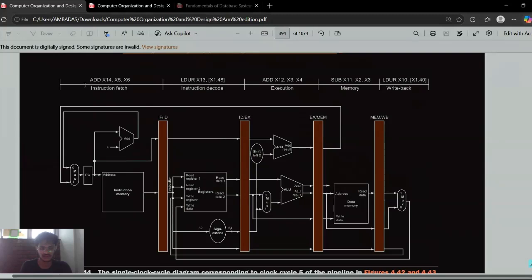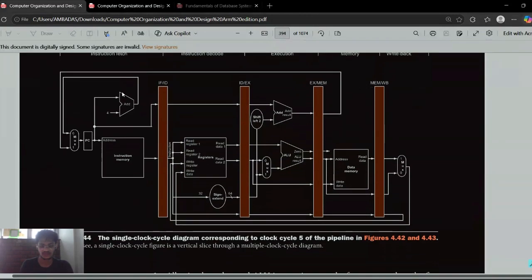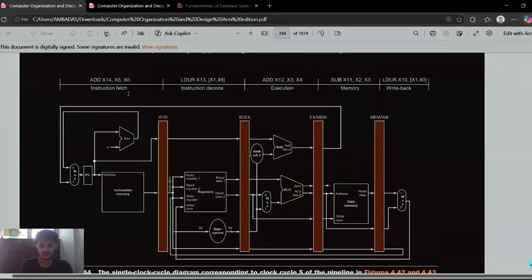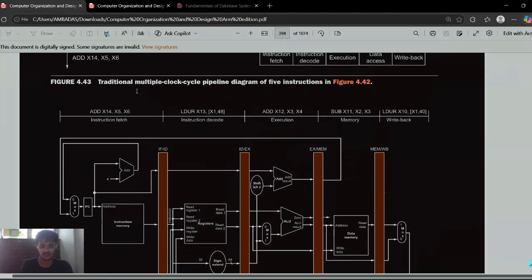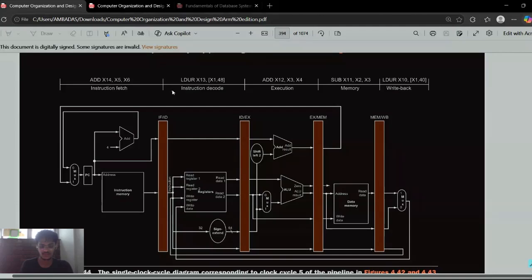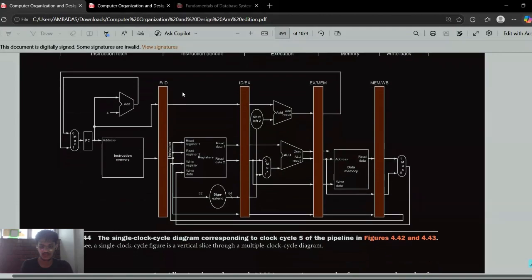This is the traditional representation of data path, which doesn't use a separate data path for each instruction. Everything is embedded in a single clock cycle diagram corresponds to clock cycle 5 of the pipeline.